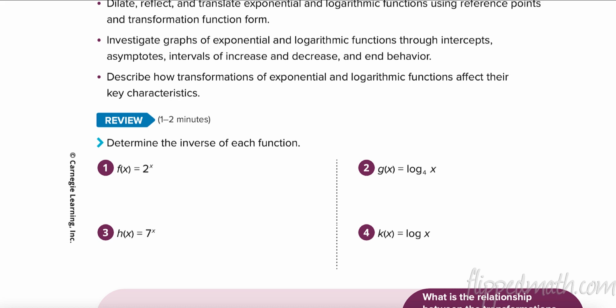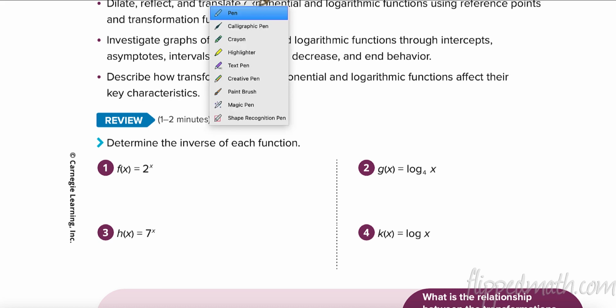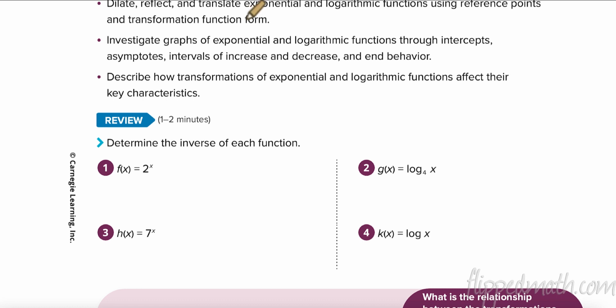All right, the first thing I want to talk about is our review. Let's do one real quick. Determine the inverse, so I'm going to make this x, and I'm going to make this y. Now I can rewrite that as a log: log base 2 of x equals y. x equals 7 to the y, so log base 7 of x equals y.